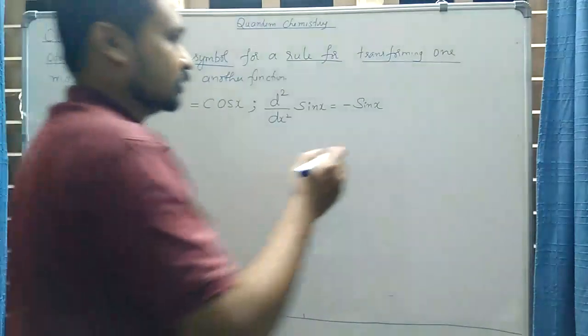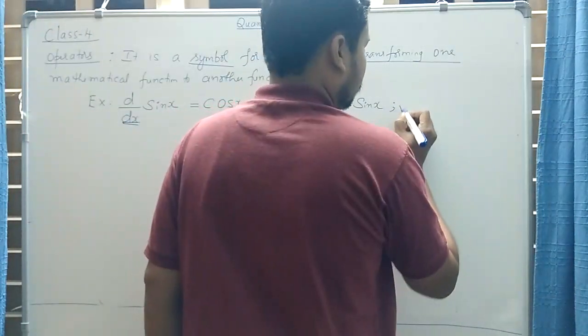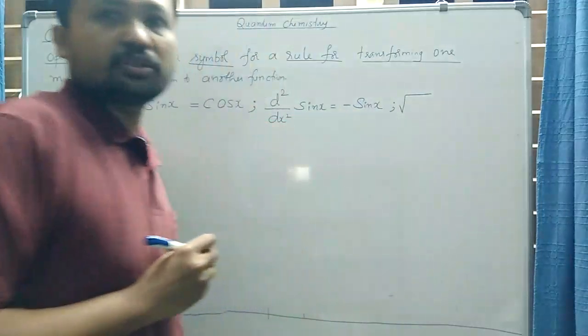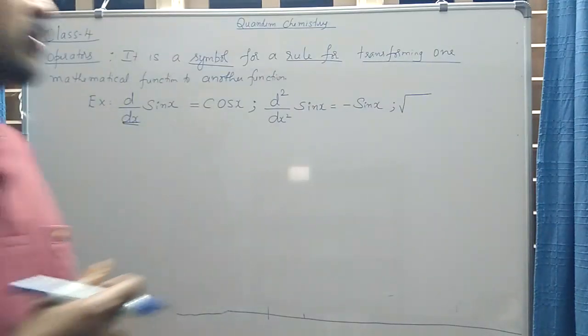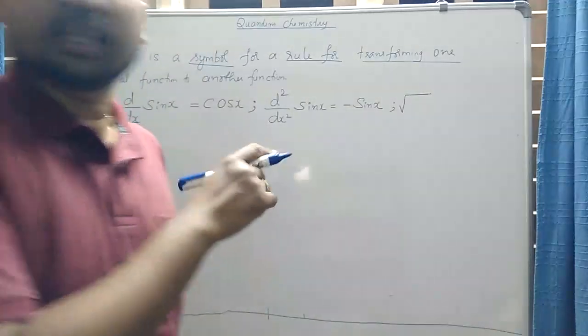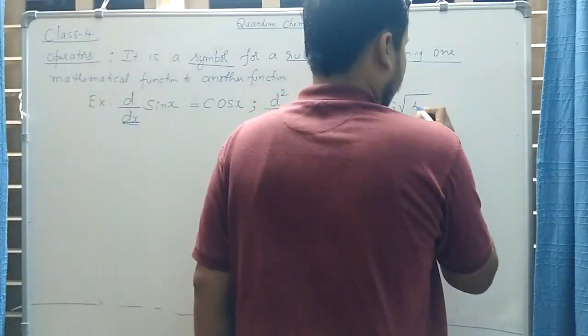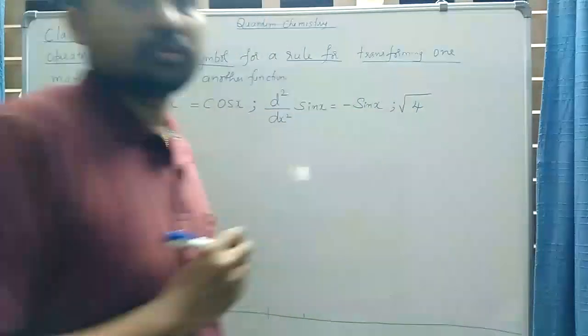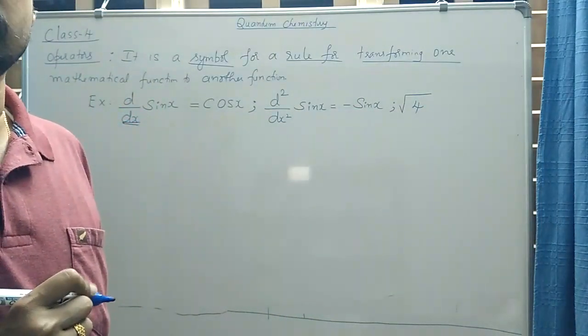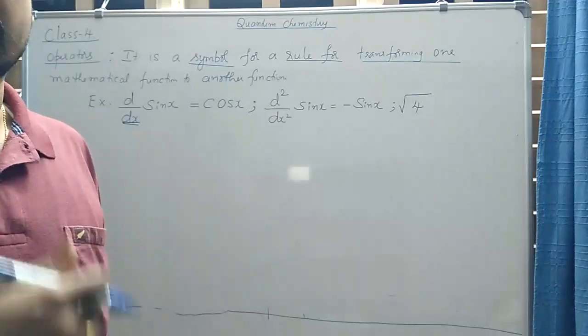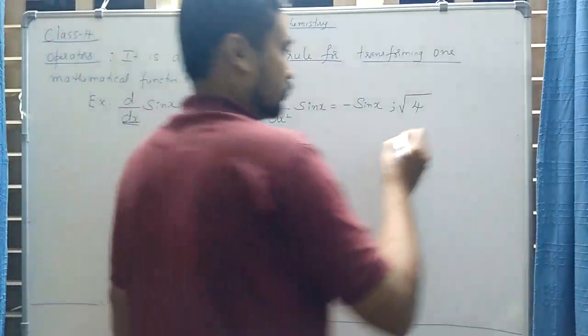I will give one more example: square root. It is also a symbol representing a rule. Until and unless I write anything beyond the square root, it does not carry any meaning. But if I write a number, for example square root of 4, it will convert this into another number or function, in this case square root of 4.